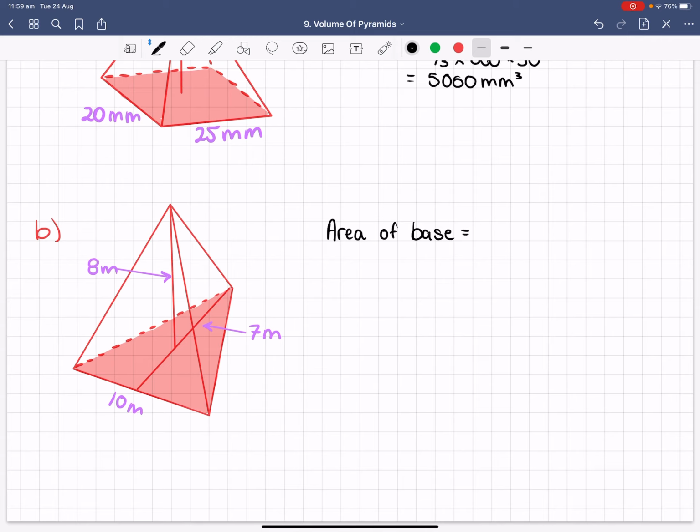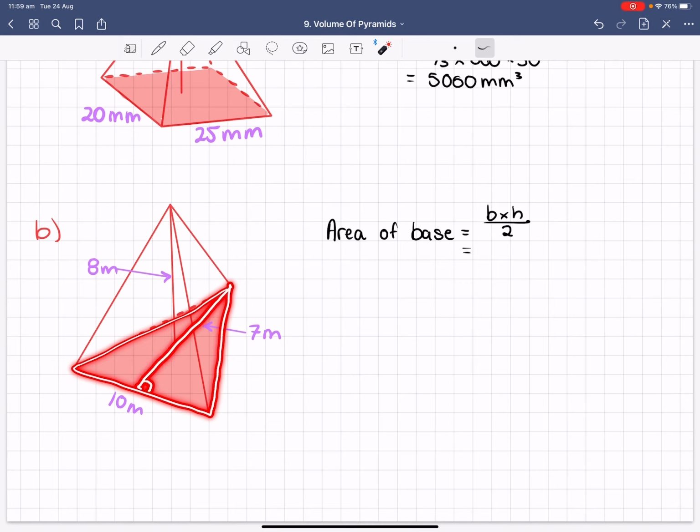And because it's a triangle, remember the area is the base times the height, all divided by 2. Actually, this should probably be labelled like that to show you that it's the perpendicular height of the base. So you just want to focus on this triangle here as the base, whereby that 7 represents the perpendicular height of just the base, and then 10 is the length.